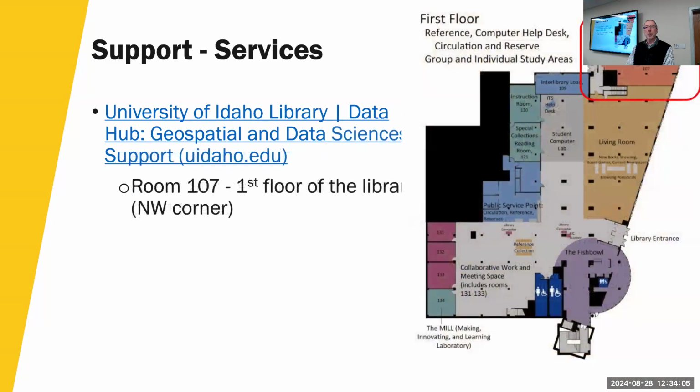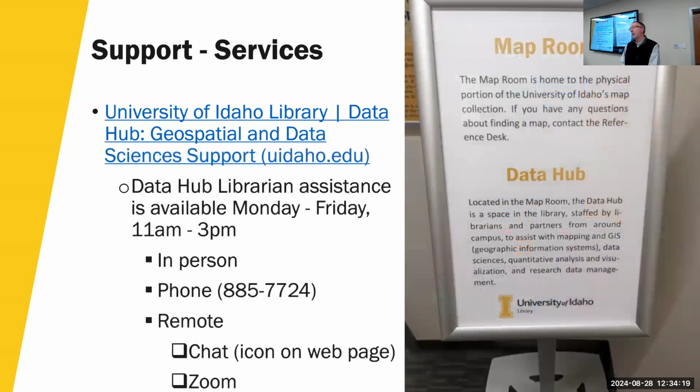It's in the northwest corner of the library, room 107 here on the first floor. You're welcome to stop in there and see us between 11 and 3 Monday through Friday, where it's staffed by a librarian. I'm in there one day a week, and we have several other librarians who do shifts in there. So you can come see us in person.